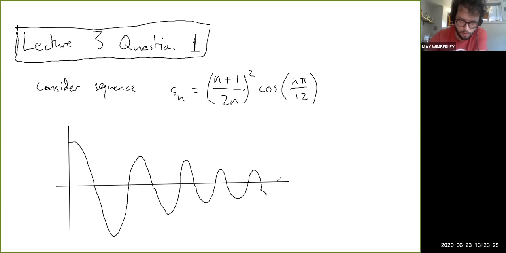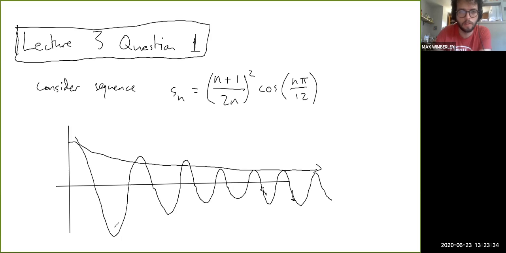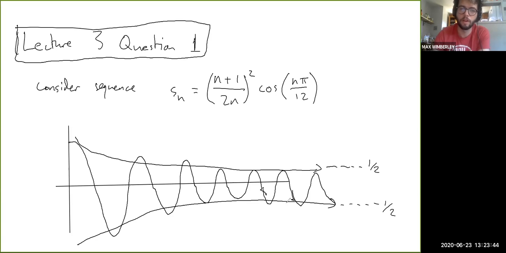Basically, there are these trend lines, or an envelope, if you want to call it that, which approach plus and minus 1/2. And so the sequence has a tendency to oscillate between plus and minus 1/2 as you get further and further out.